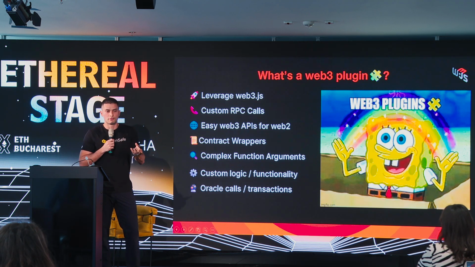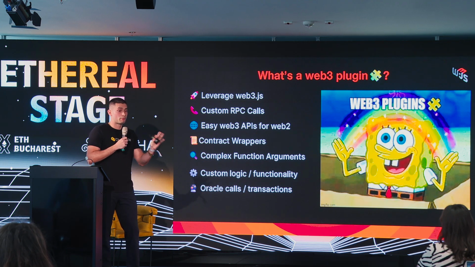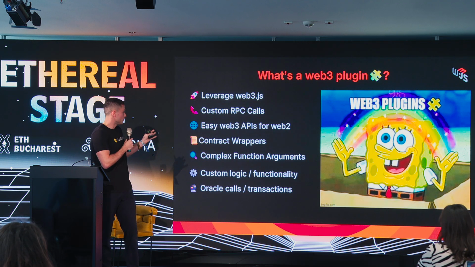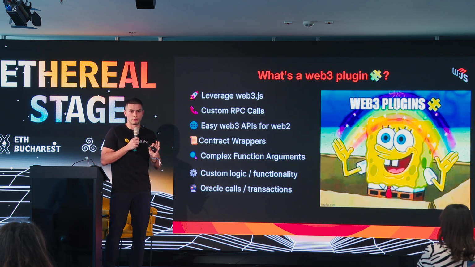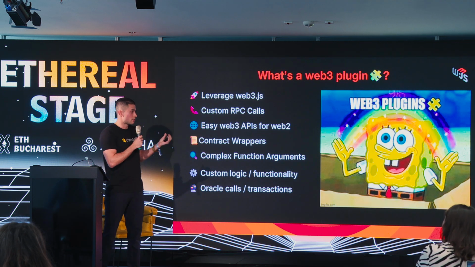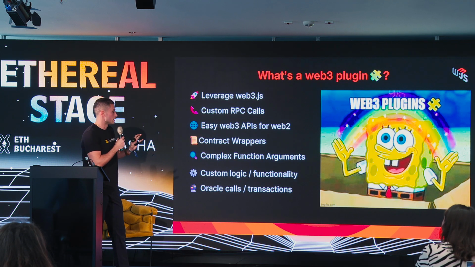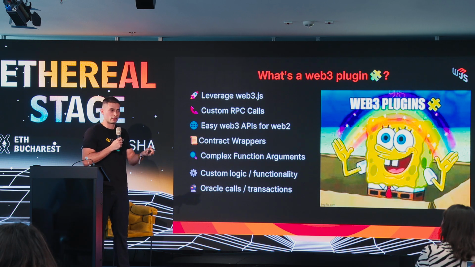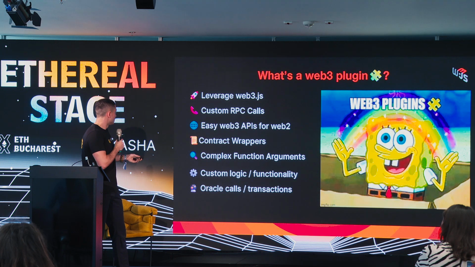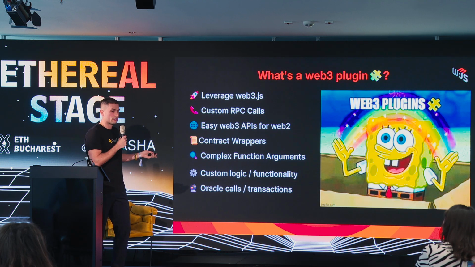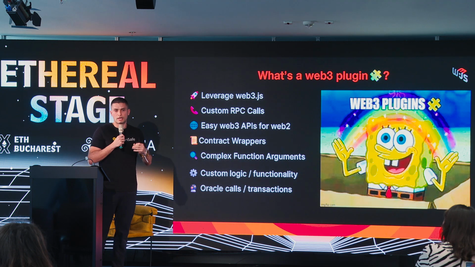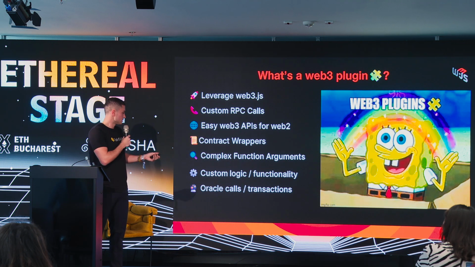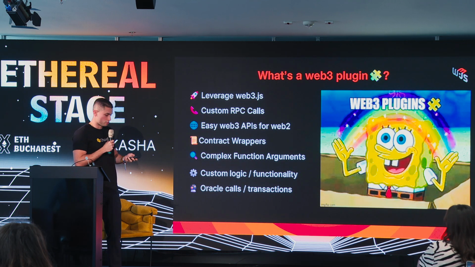If you are a Web2 developer with a product and you want to create APIs for developers to build in your product, this is a really good way, because you just need to create the plugin using Web3.js plugins, and then the developers will be able to build with your product. We have also contract wrappers, complex function arguments, custom logic or functionality. You can also add any external libraries into the plugins, and then Oracle calls as well.